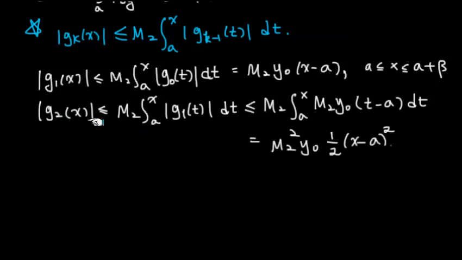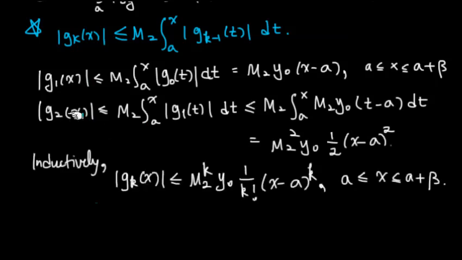So g2 is growing like this, a lot like a Taylor series. It's not exactly a Taylor series, but we're making a comparison of g2 with these Taylor-like terms. This is only 2 terms, but I encourage you to do the 3rd and 4th terms to convince yourself that the kth term is always bounded by the following.